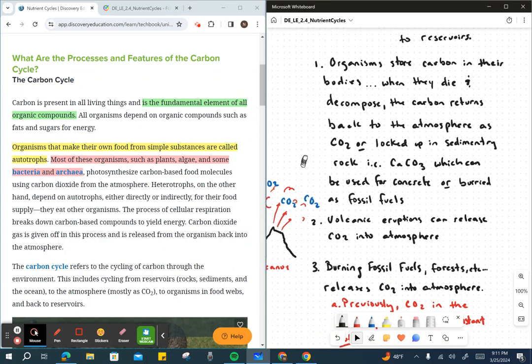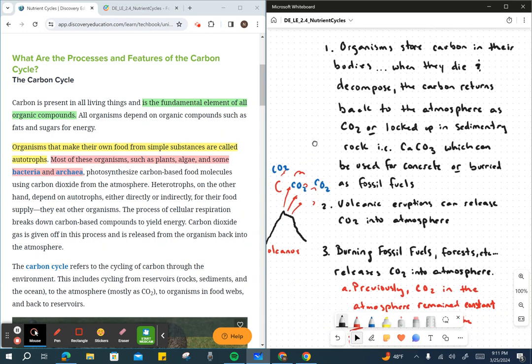Now, organisms such as you and I, all animals, we store carbon in our bodies. When we die, the carbon is going to be released through a process of decomposition. Some of it will return back to the atmosphere, especially if you have other animals that eat our bodies, and they do cellular respiration and release some of that CO2 back into the atmosphere.